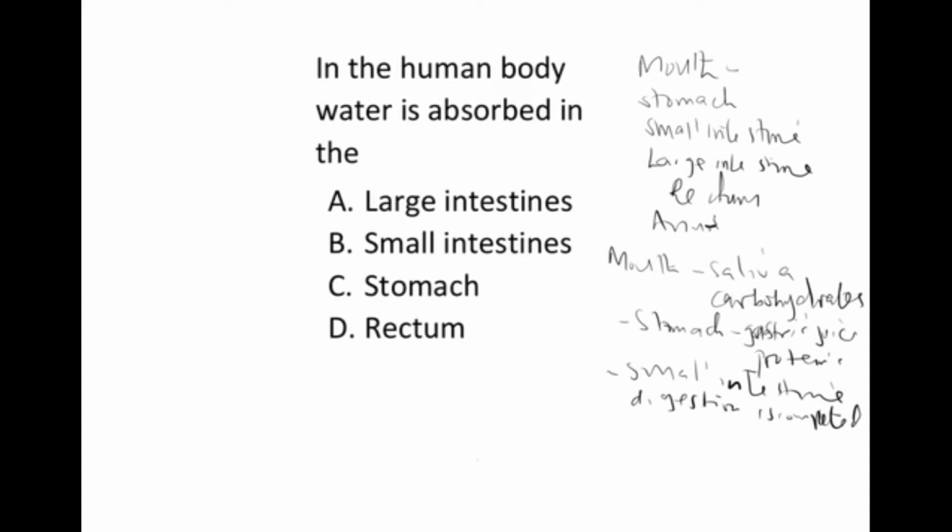The digested food materials are absorbed in the lower part of the small intestine, which has finger-like structures called villi that increase surface area for absorption of the digested food.